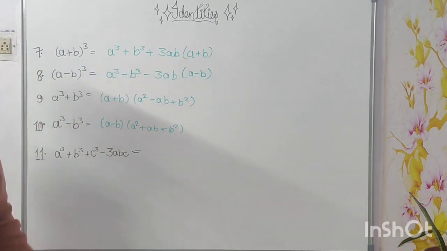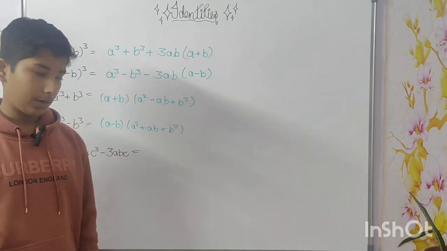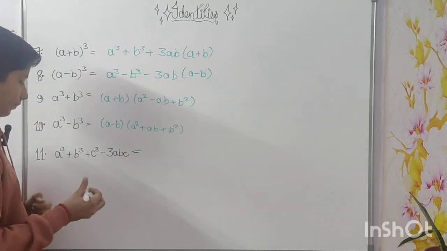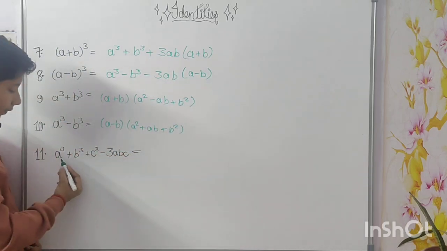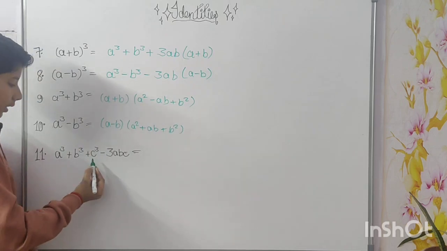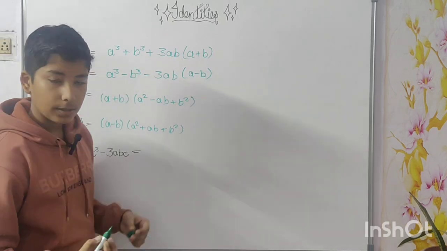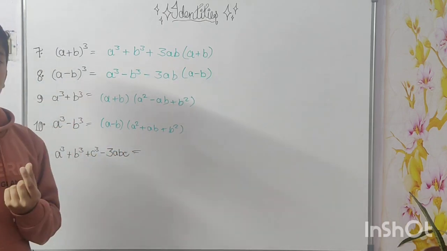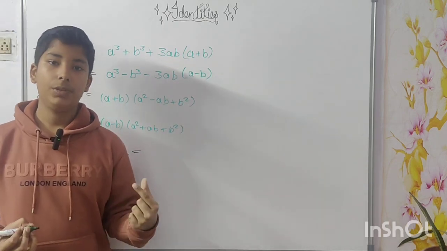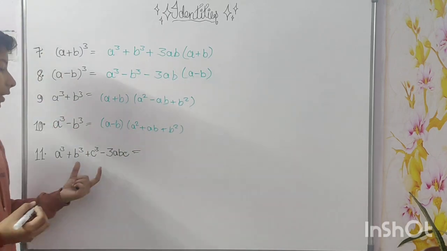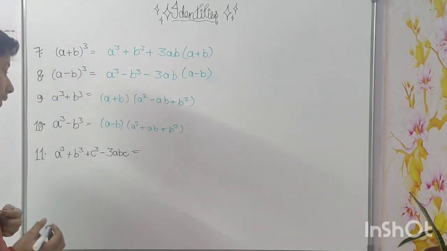Now this one is a bit difficult because it is the longest of all of them. If a cube plus b cube plus c cube minus 3abc is given, firstly you have to observe which identity is getting used in the question, so that you can use it.